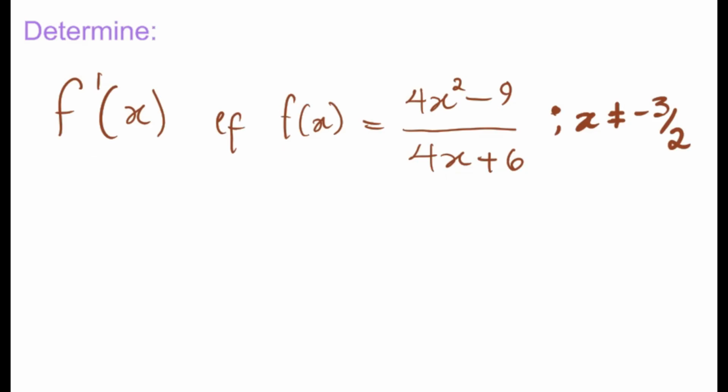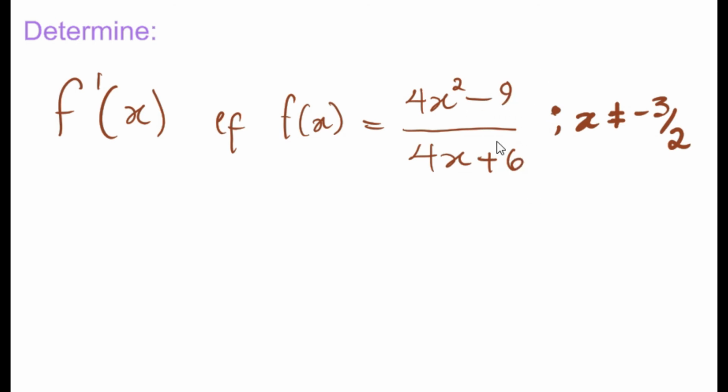So this question says determine f prime x if f of x is (4x squared minus 9) over (4x plus 6). Now x shouldn't be equal to negative 3 over 2. Now we also want to find the derivative of this. And to do that, the first thing we need to do is factorize. Yes, we need to factorize the numerator and also the denominator.